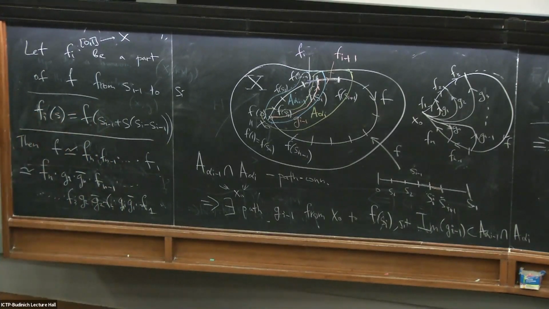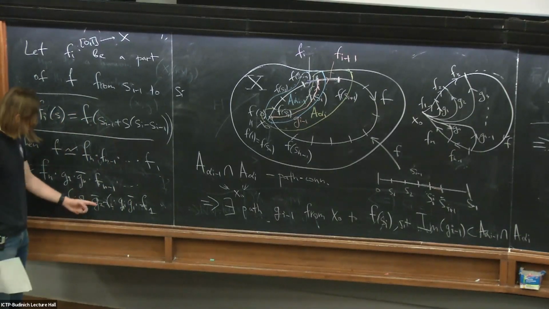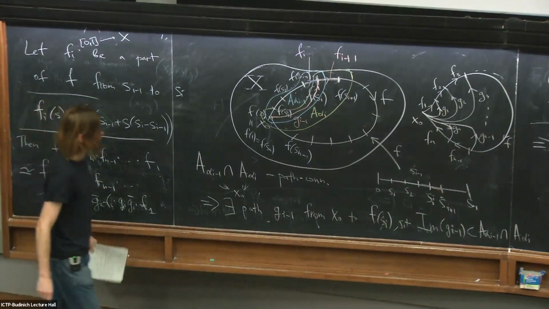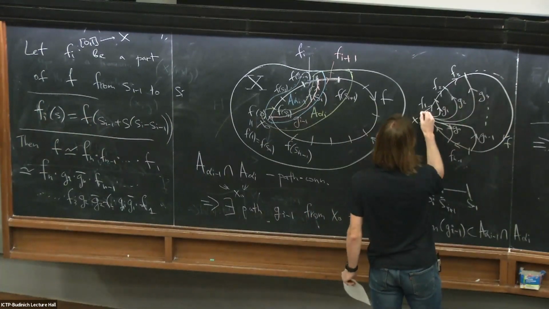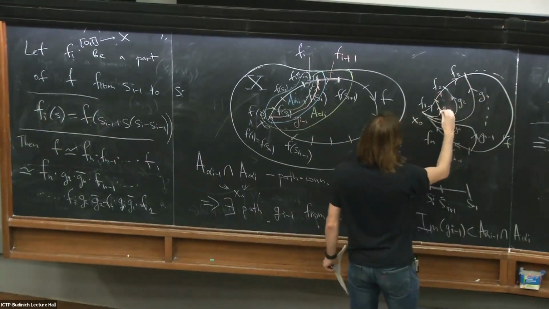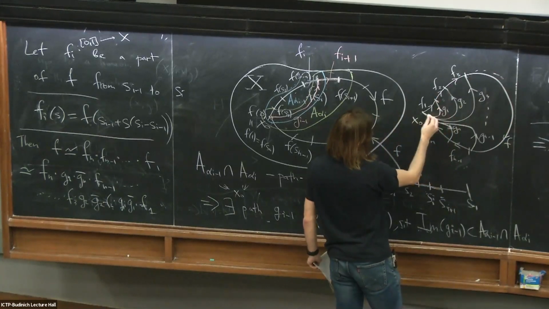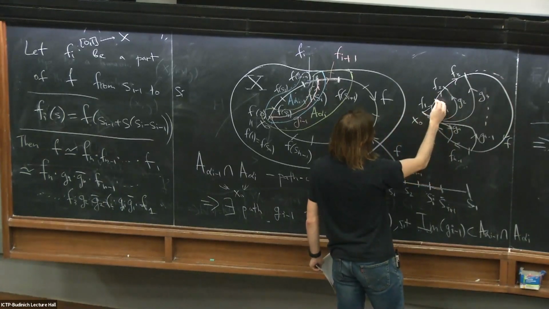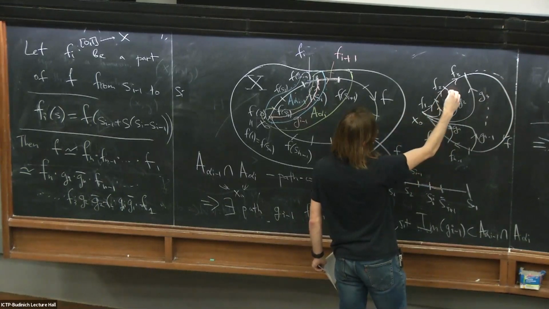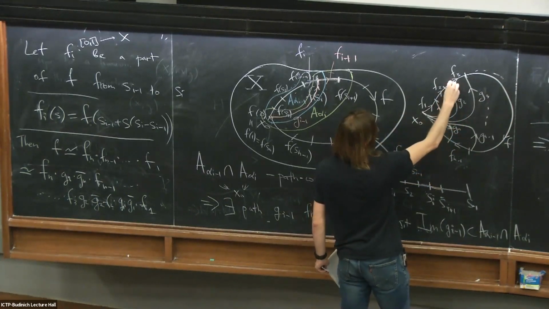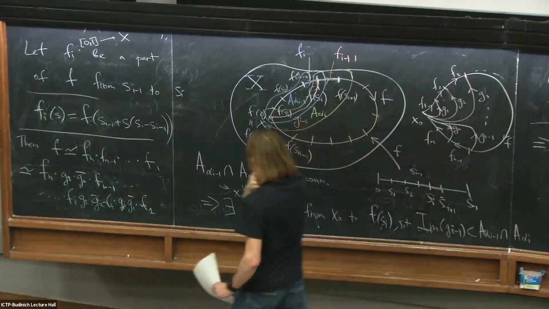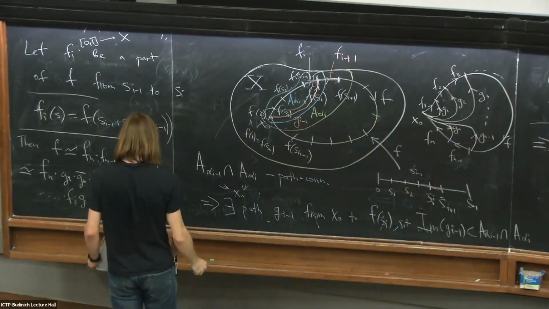So I insert these pairs of g i bar, g i, so that instead of just going this way, I go this way, then I return along g1 bar, and then I come back along g1, then I do f2, then I go along g2 bar, then return along g2, f3, and so on.